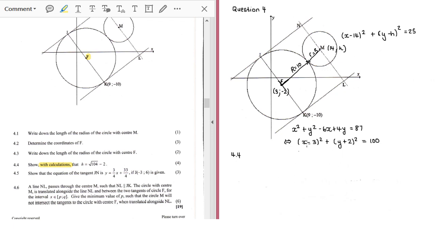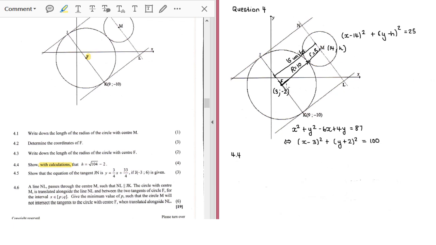We can easily do that because we know the distance between the two centers is obviously 15 units. We just calculated the coordinates at F, and we have written down an incomplete form of the coordinates at M, and we are trying to show what the value of h is supposed to be.